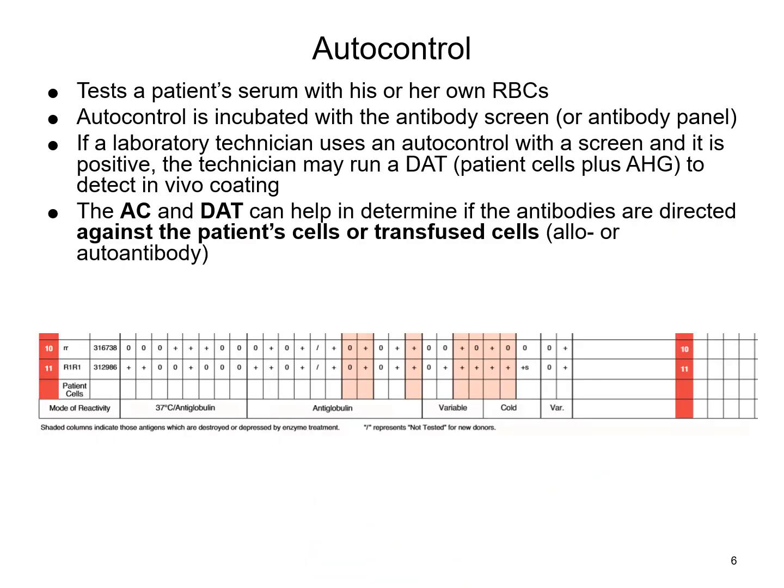Autocontrol. So what an autocontrol does is it tests a patient's serum against his or her own red blood cells. Now, typically when you're doing a blood type, we don't always do an autocontrol, depending on the system that you're using. If you're using the tube method, some labs may have you do an autocontrol. Most will not.